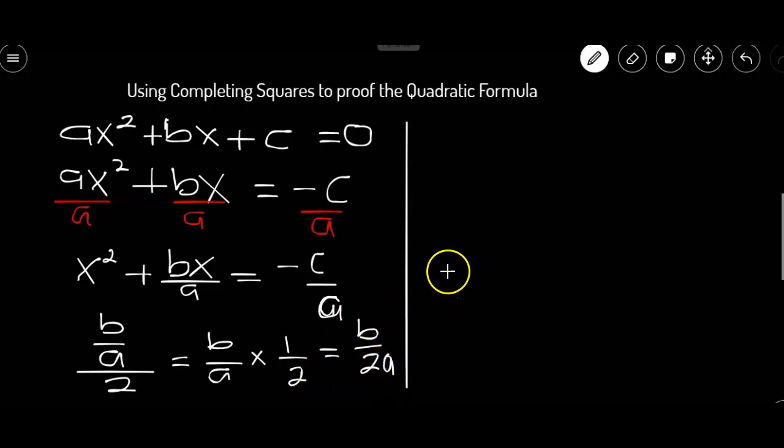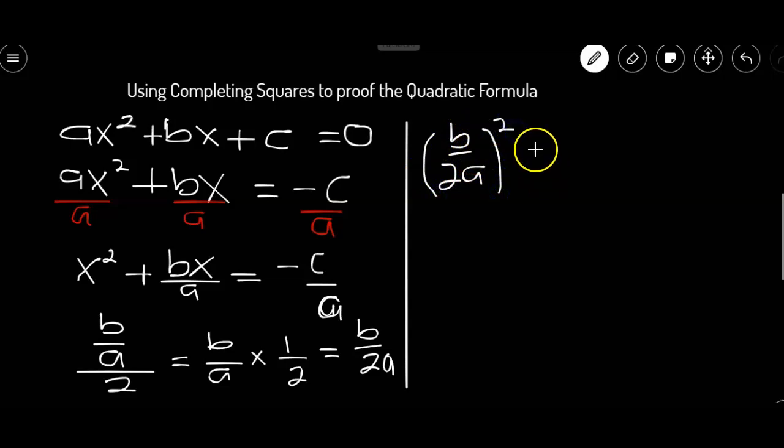And after we do that, for us to complete the square, what do we do? We square the b over 2a. So we're going to square b over 2a all squared. So when we square that, we get b squared, and this squared is going to affect this, so it's going to be 4, and it's going to affect this, so it's going to be a squared.